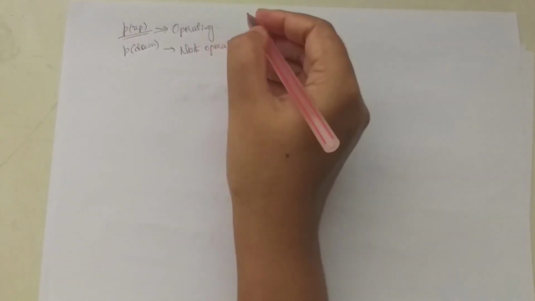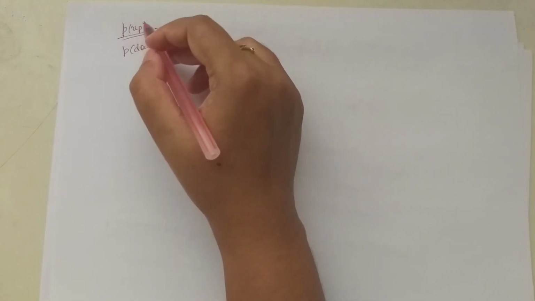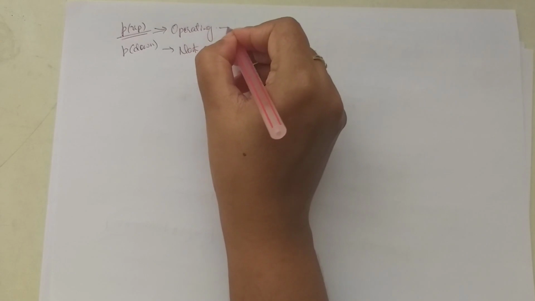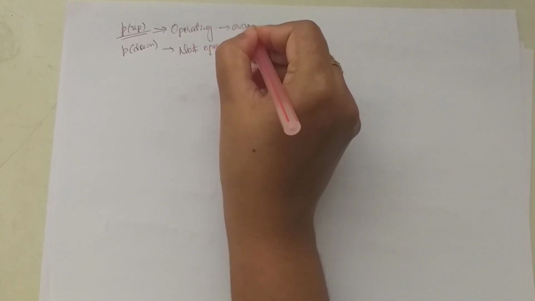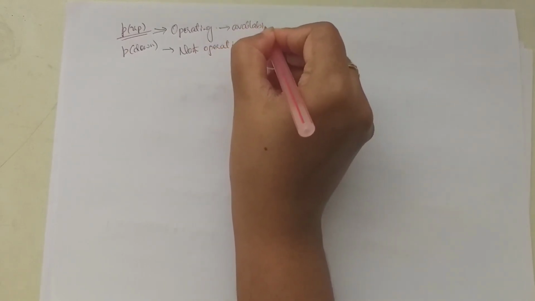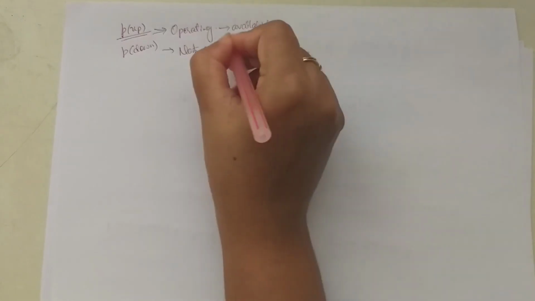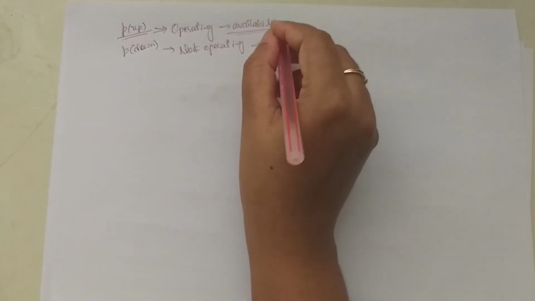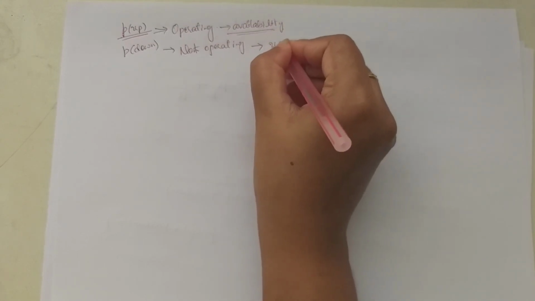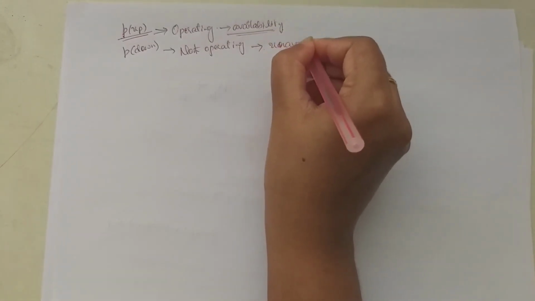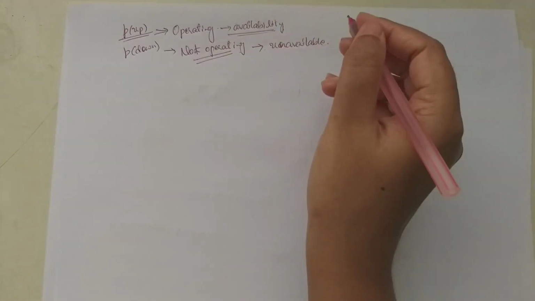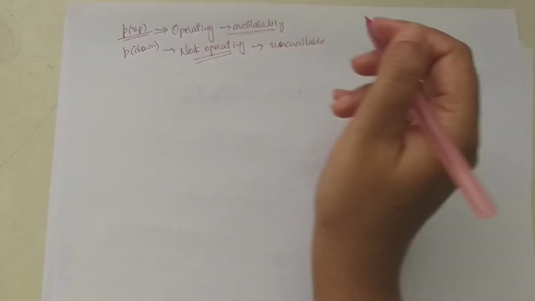So probability of unit being up is also called probability of unit being operating, which is called availability. I mean probability of unit being available. Probability of unit being unavailable or probability of unit being not operating.